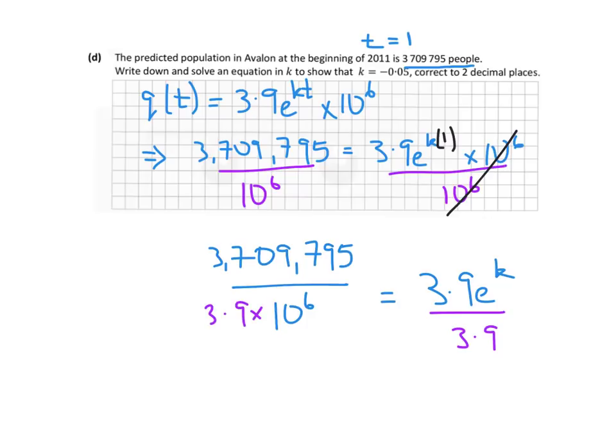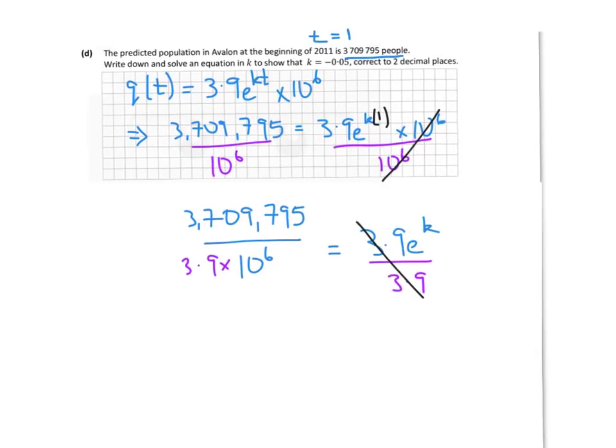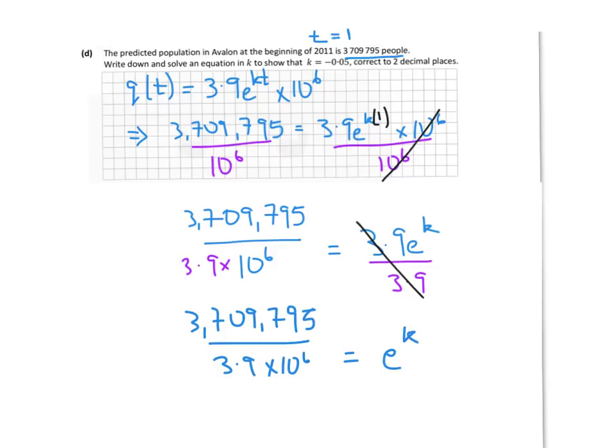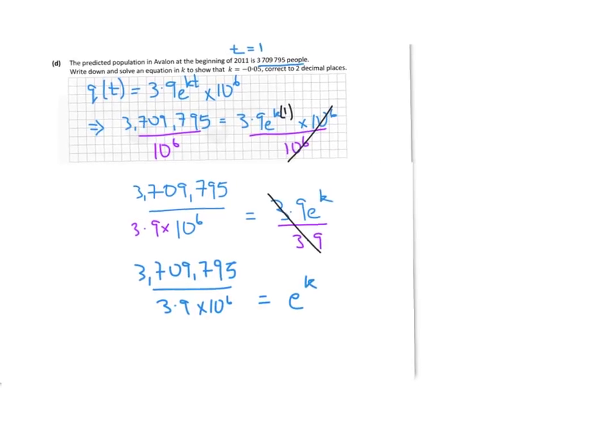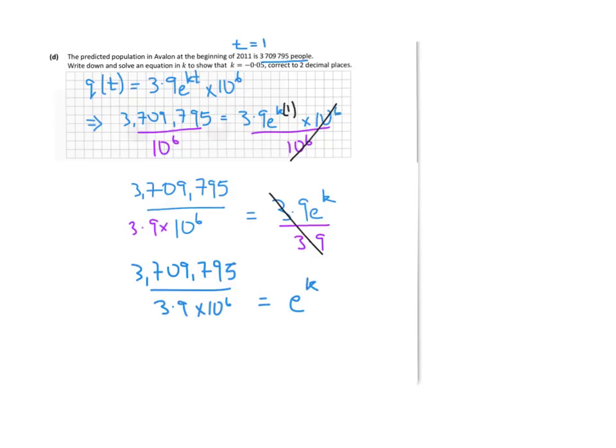So these have cancelled, and I can see then I have e to the power of k is equal to 3709795 over 3.9 by 10 to the power of 6. And again, changing now from index form into log form means I'll be able to find k. So remembering, as we always have, just to rewrite an example.